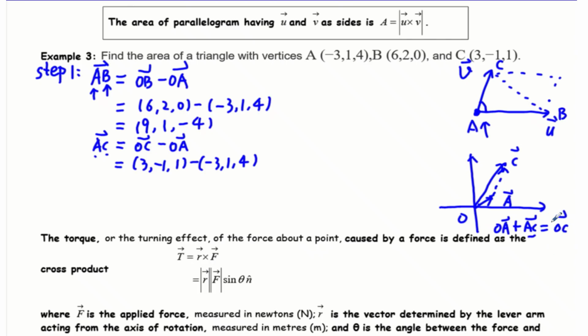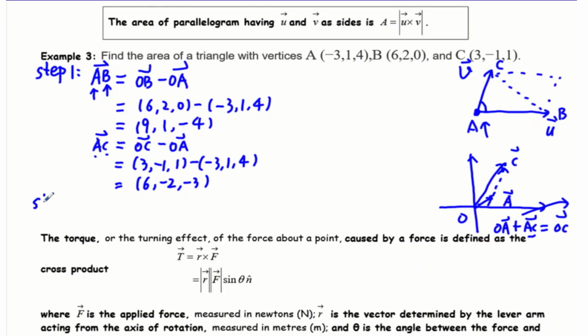That's the reason you just move OA to the other side. It's OC minus OA. So it is true: the second letter OC minus the first letter OA. Then 3 minus negative 3 gives us 6, negative 1 minus 1 is negative 2, 1 minus 4 is negative 3.